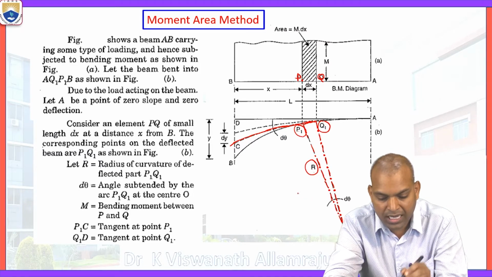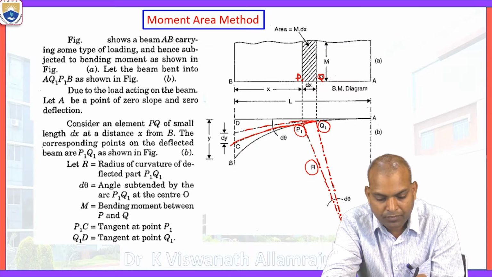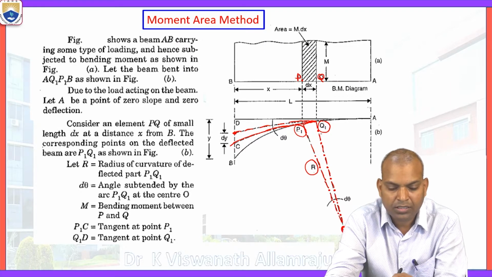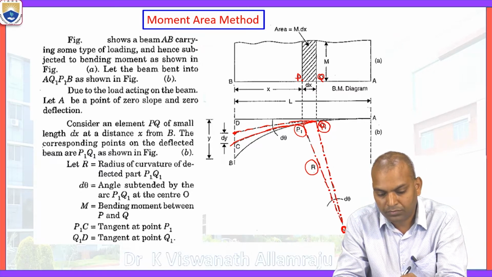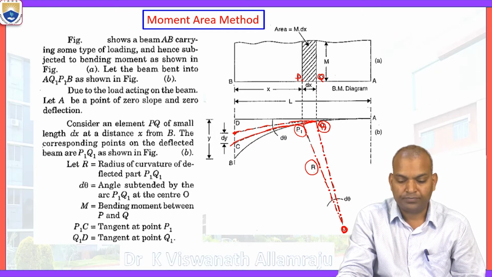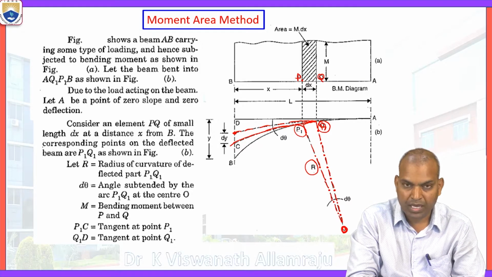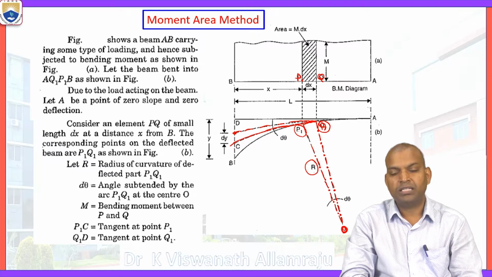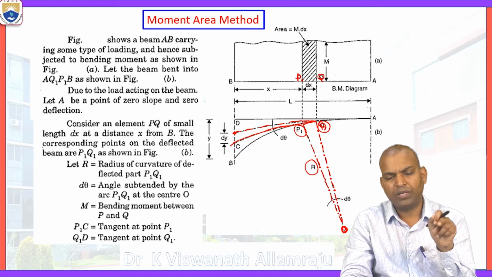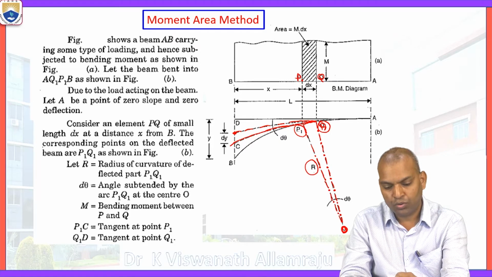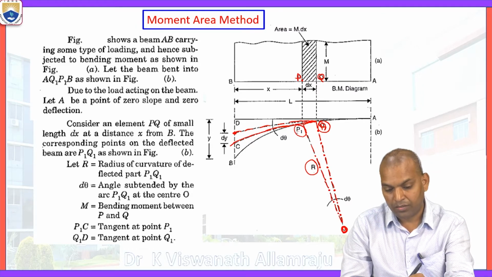Next, what is Q1D? Q1D is the tangent at Q1. The normal to the tangent Q1D is Q1O, and the normal to the tangent P1C is P1O.